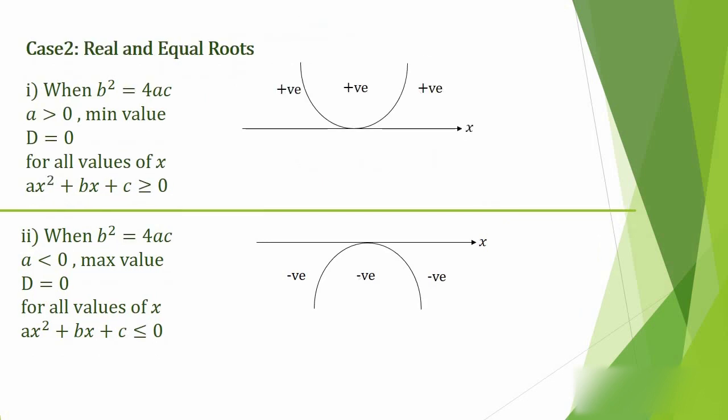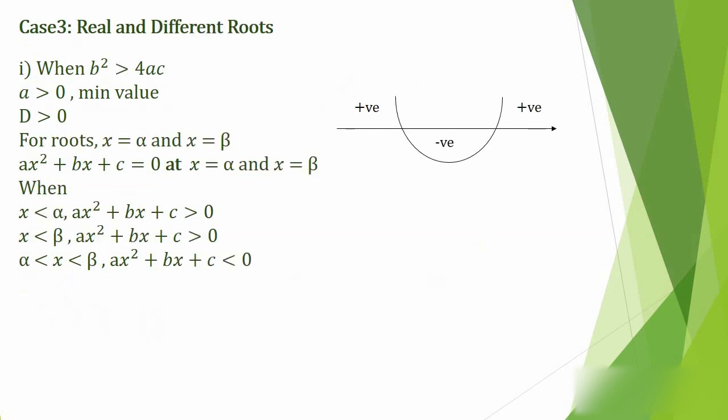We see here where we have real and equal roots where D is equal to 0, that the curve just touches the x-axis. That's a distinguishing feature. We see another distinguishing feature where D is greater than 0, where we have real and different roots, that the curve cuts the x-axis at 2 distinct points.